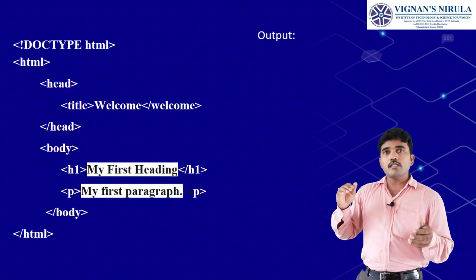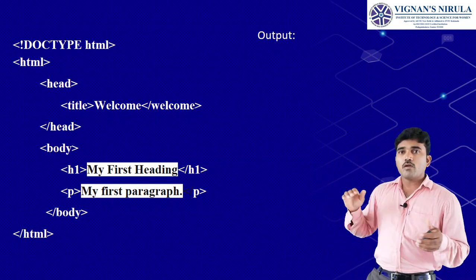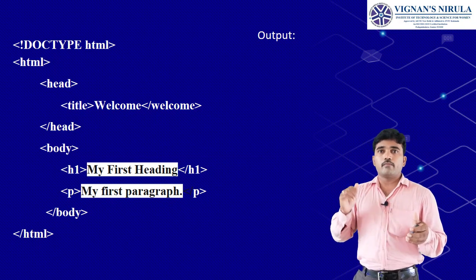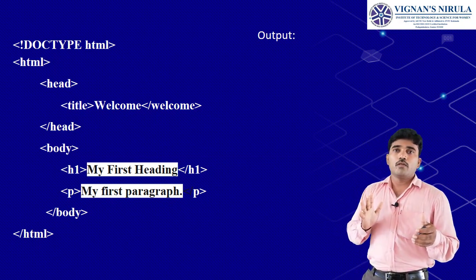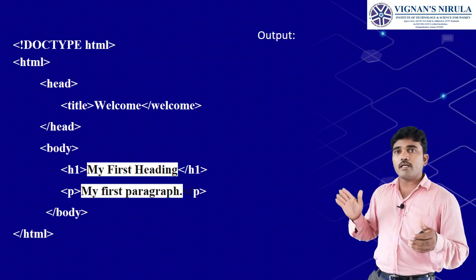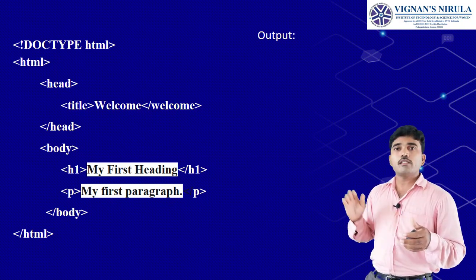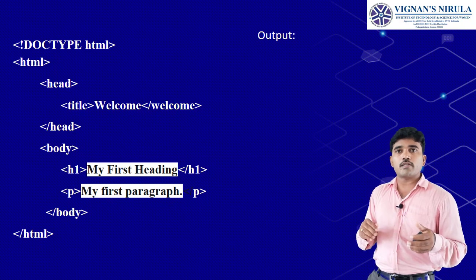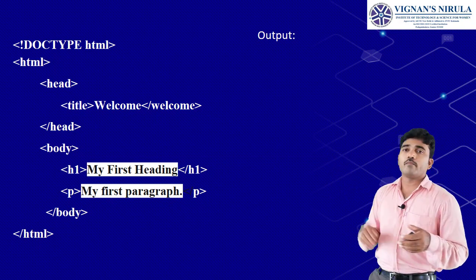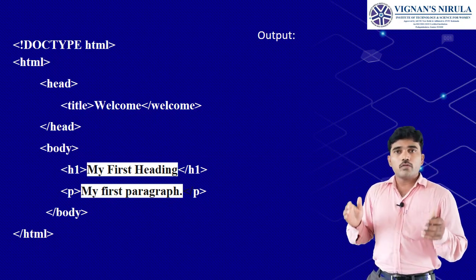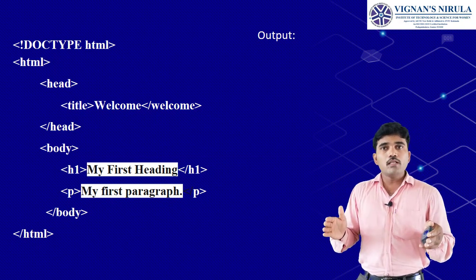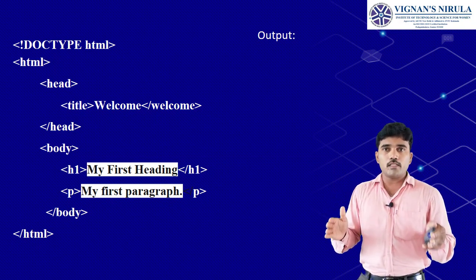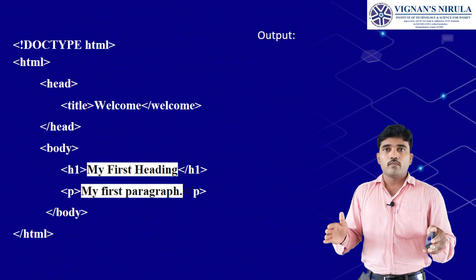After closing that title, I have closed the head. Head is closed now, which means it is preceded by a slash symbol. After closing the head section, what I have started is a body section. Students, remember that body is the main section of this HTML document.